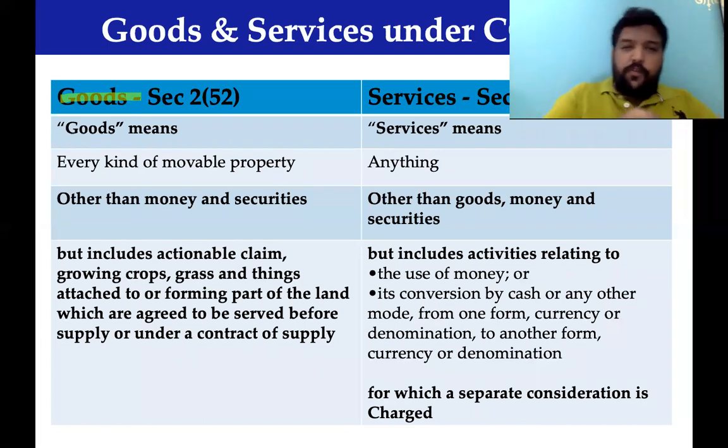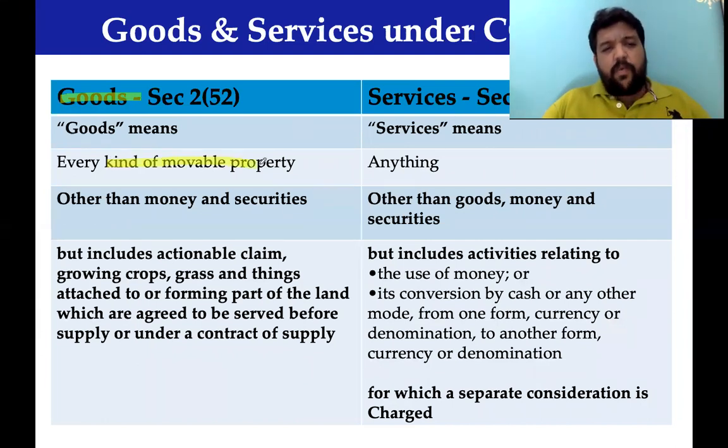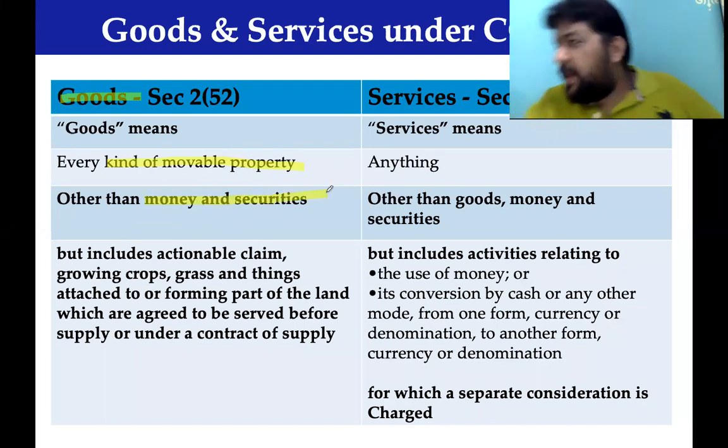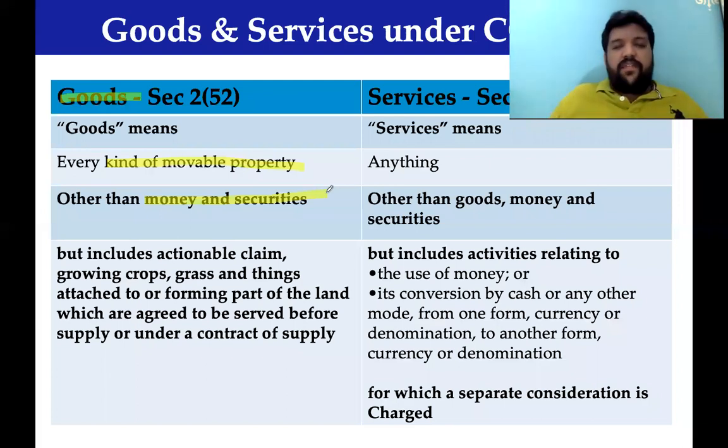As far as section 2(52) is concerned, goods means, very simply, every kind of movable property other than money and securities. So every kind of movable property other than money and securities is treated as goods.